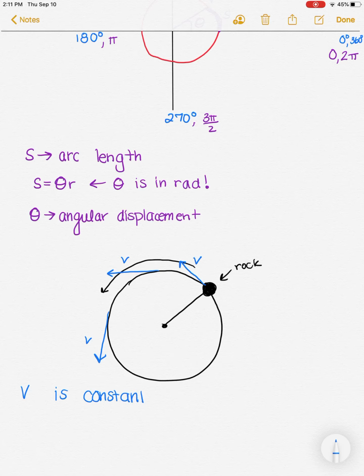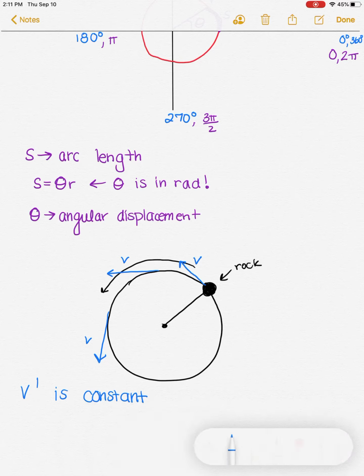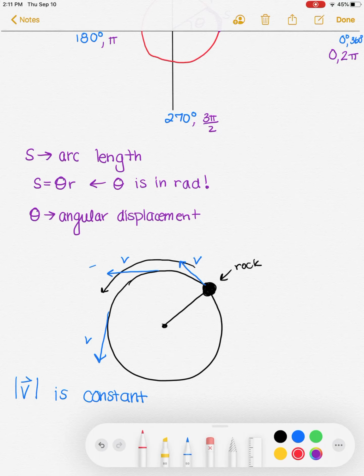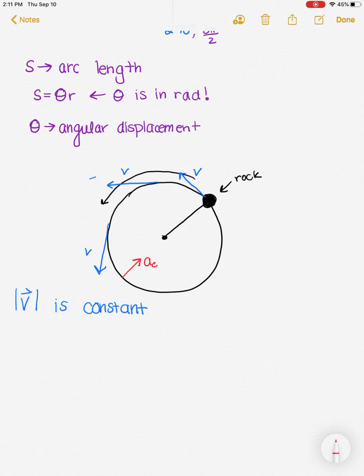So velocity is constant. So that means that we do have an acceleration because we're looking at the magnitude of velocity. The direction's changing, so we'll get a centripetal acceleration. So v is constant, direction is changing.